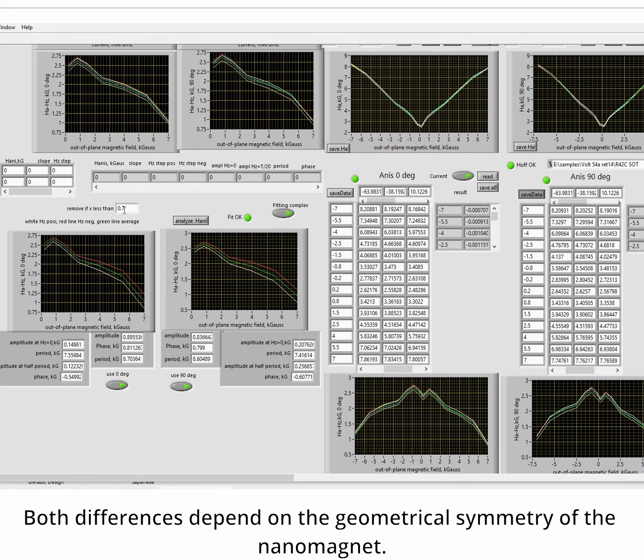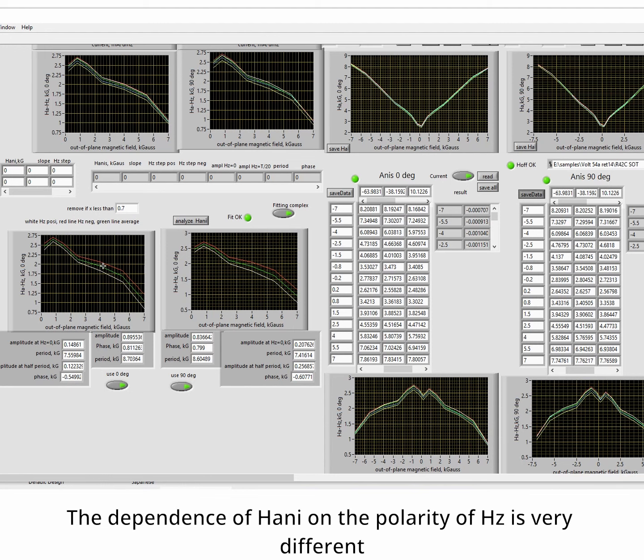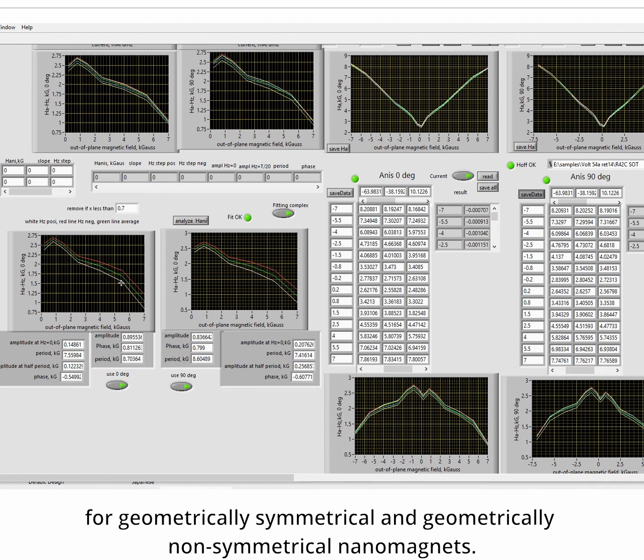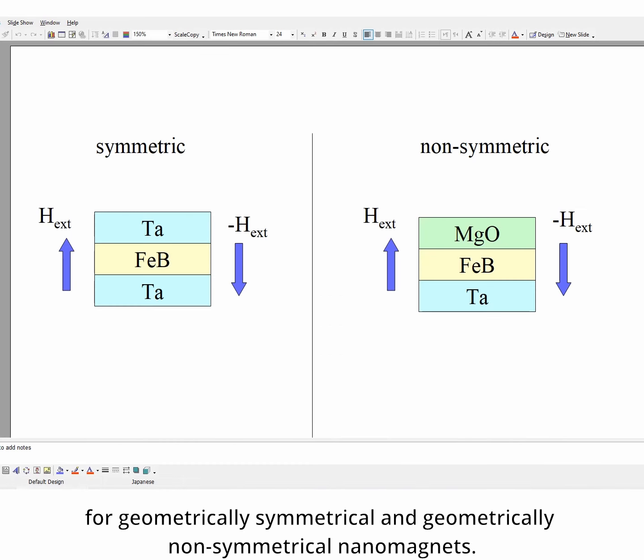Both the difference for reversal of external magnetic field and for reversal of magnetization depend on the geometrical symmetry of the nanomagnet. The dependence of the anisotropic field on the polarity is very different for geometrically symmetrical and geometrically non-symmetrical nanomagnets.